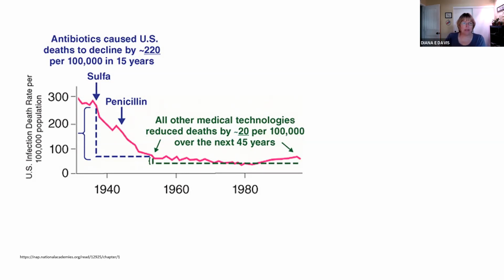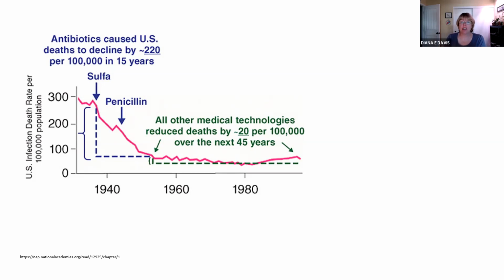Then we developed an antibacterial group of drugs called sulfa drugs, and the rate of mortality with bacterial infections dropped dramatically.